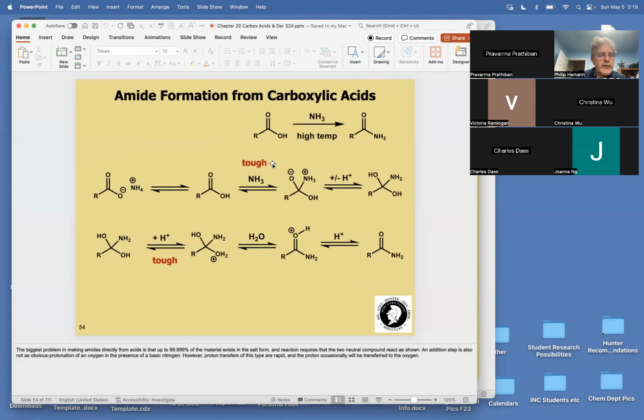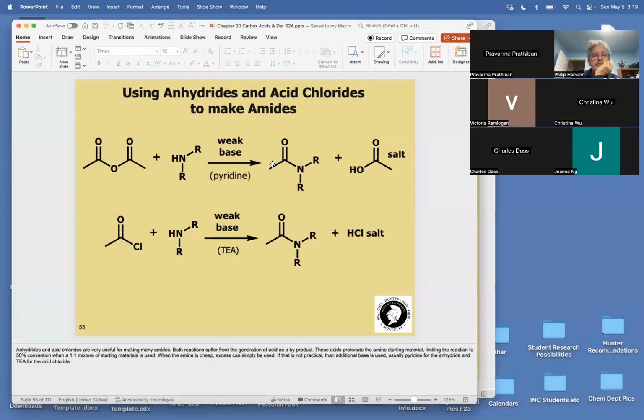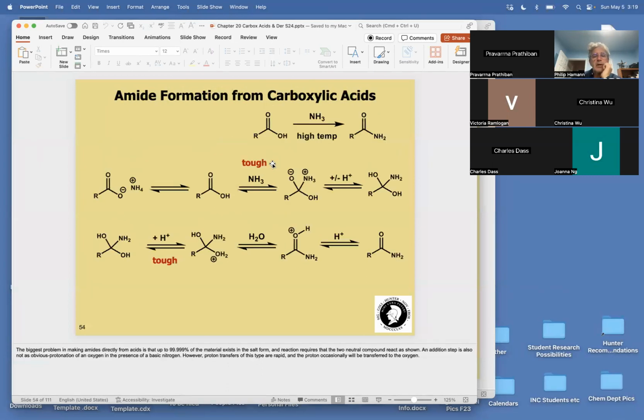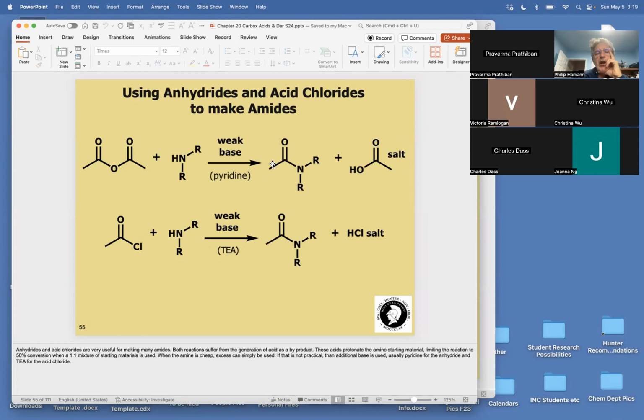They're not related, 54 and 55? I just thought that if I were to draw out the mechanism, I don't know if we have to know it, but would it be the same steps? Because it's amide formation, so I just thought it'd be similar. No, not really. This is much easier. The nitrogen here is nucleophilic. It's going to attack here. Your weak base is going to deprotonate it. Yeah, it would have some similarity.